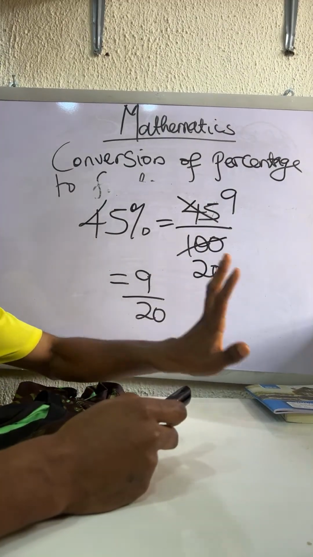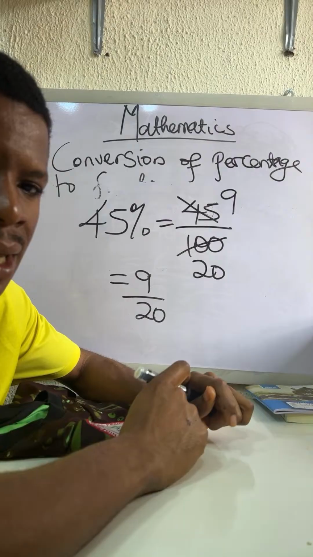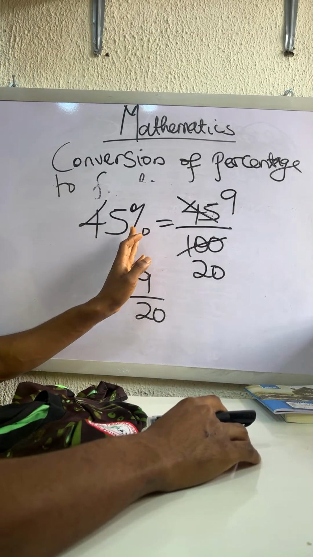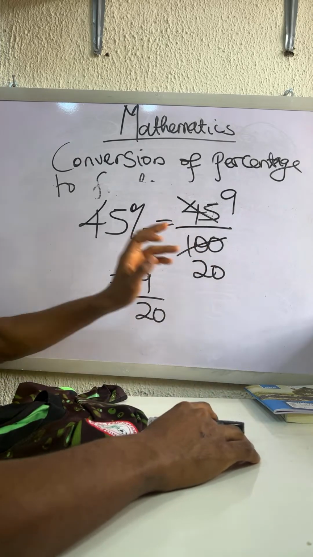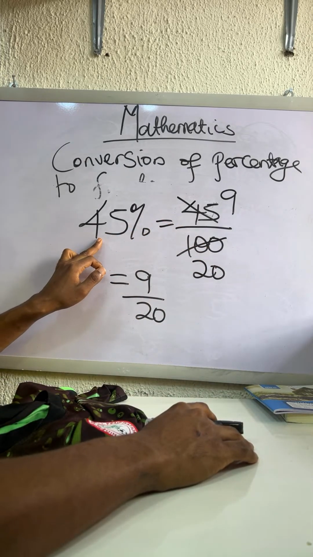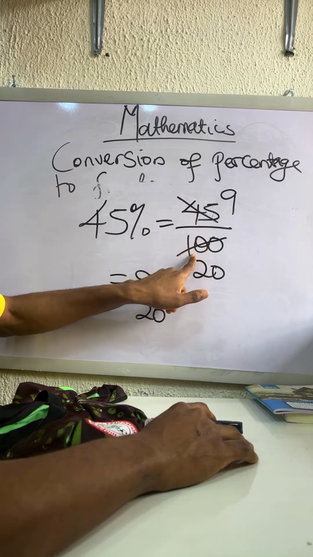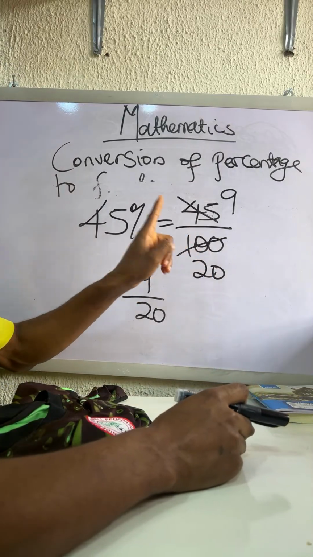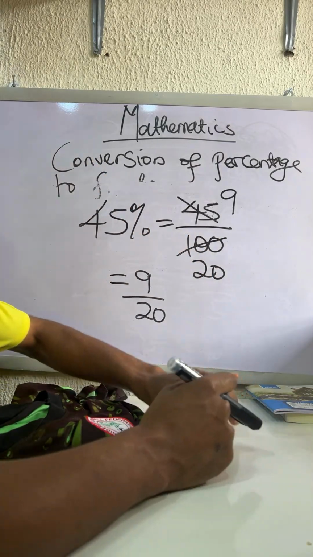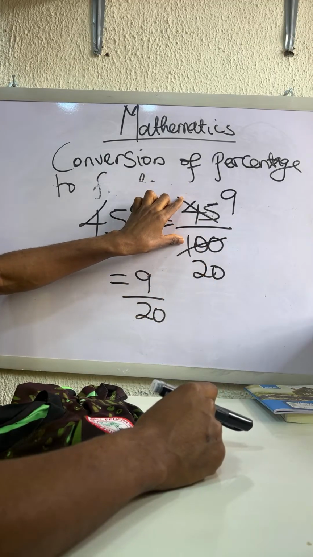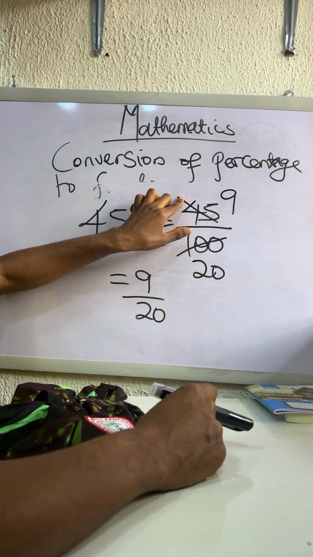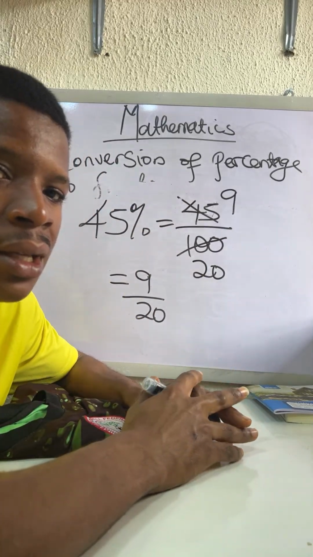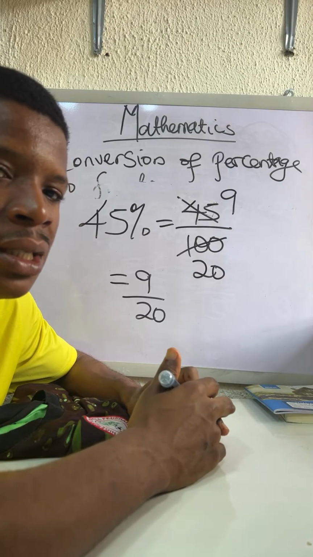Okay, so this is very simple. For you to convert any percent to a fraction, your first goal is just to write the percent in the form of a fraction. Any number before the percent sign should be written, then you must divide it by 100, okay? If you have 45 over 100, it will just be like this, but the goal is to reduce it to its lowest term, the lowest term it can actually be.